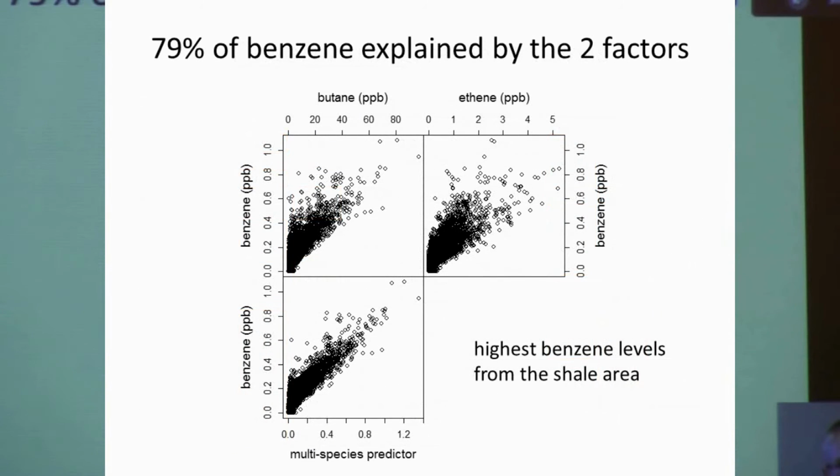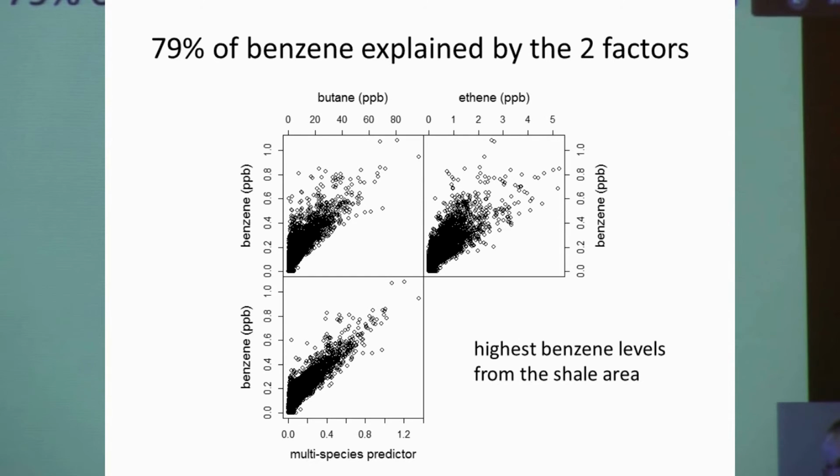When you use these factors to explain individual compounds, you can see here that benzene is correlated with butane as one of the dominating compounds of factor 1, and ethene is one of the dominating compounds of factor 2. In sum, the two explain nearly 80% of the benzene variability.